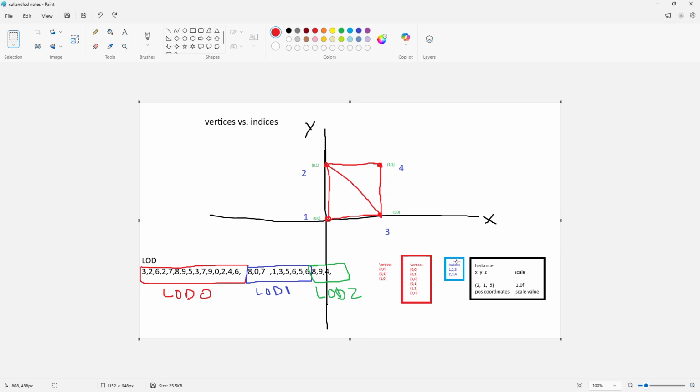Notice that point 2, which is 0, 1, is two digits here, right? And 0, 1 is repeated multiple times in our data. So you have 1, 2, 3, 4 integers that you have to remember, whereas in the indices version, you just have to remember two integers, two numbers, right? That's what I was saying.